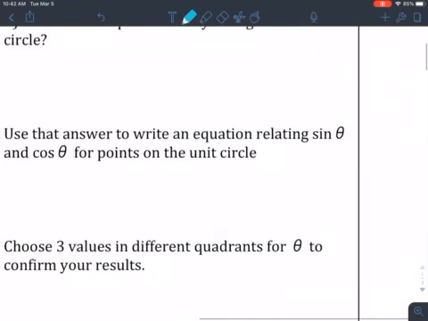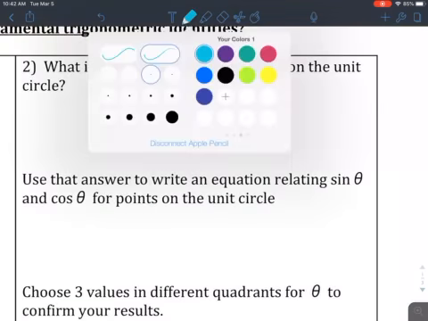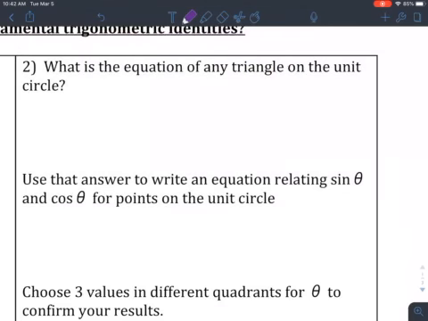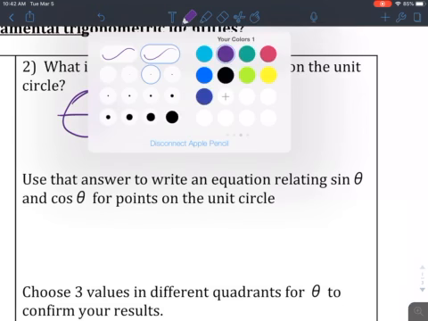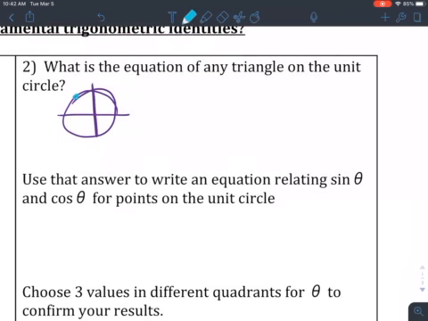Okay, so we're going to do another one. What is the equation of any triangle on the unit circle? Remember, that's a circle. Okay, triangle right here. This is an x length and a y length and an r length.